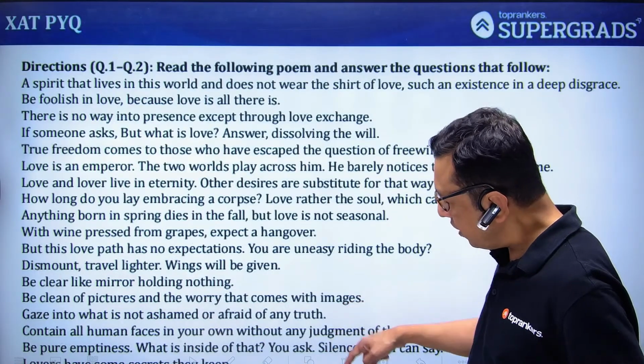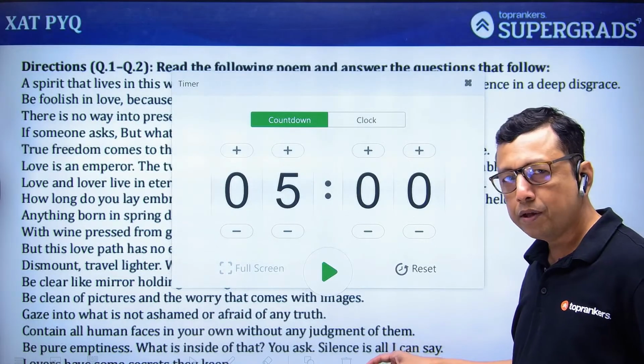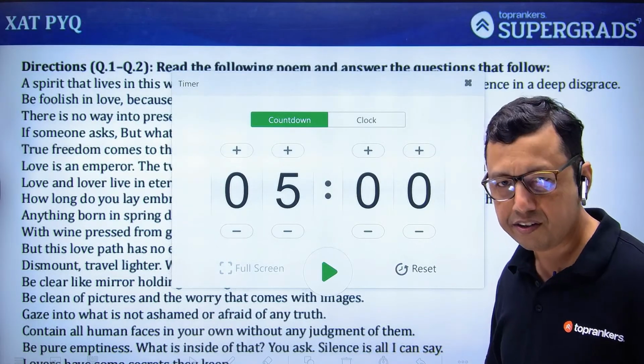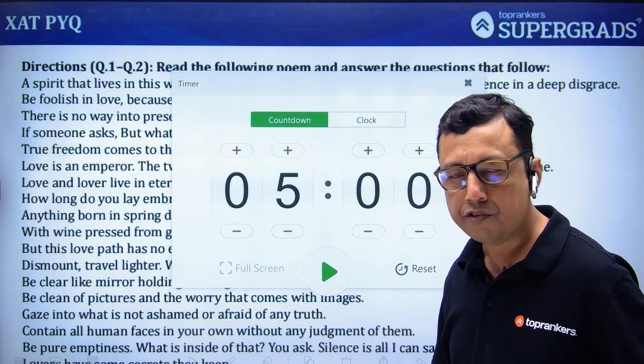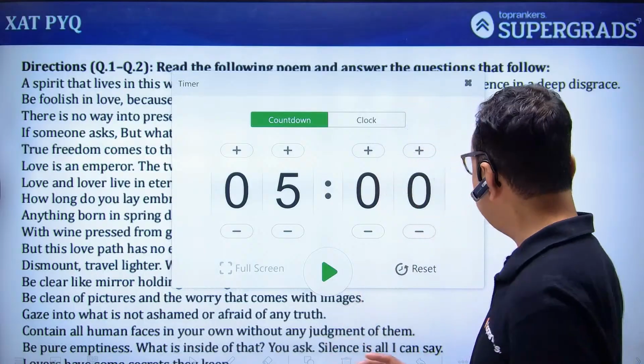Now the question is asking you to identify this point here. ये silence का मतलब है क्या? What is the silence all about? That's what the question wants you to answer. Let's look at the options.